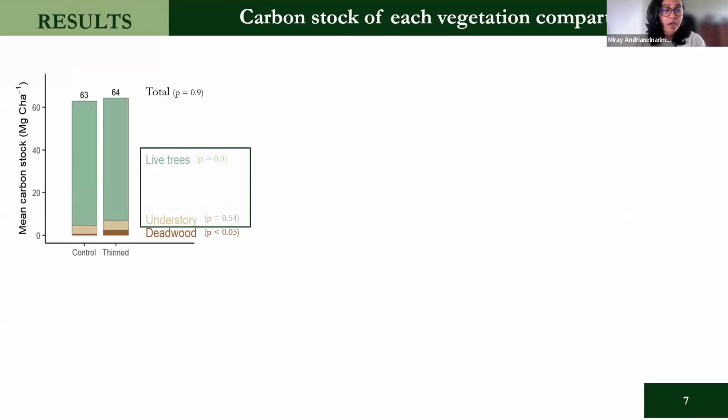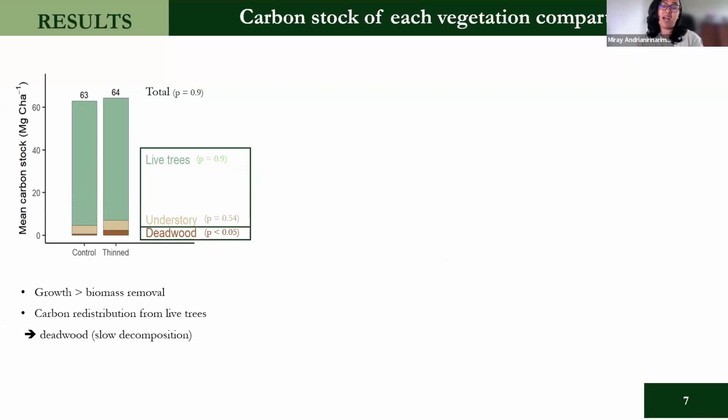First, we found no significant differences in understory and live tree carbon stocks between the thinned and the control stands. So this suggests that the strong growth response that we found before compensated over time for the biomass removal. On the contrary, deadwood carbon stocks were higher in the thinned stands, which is certainly due to the accumulation of coarse woody debris following harvesting operations.